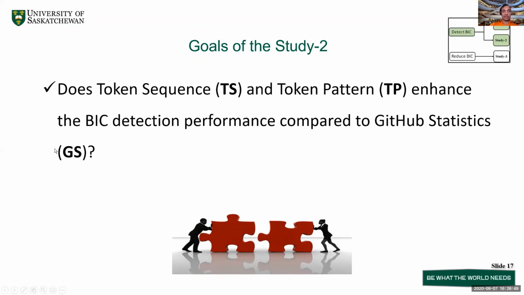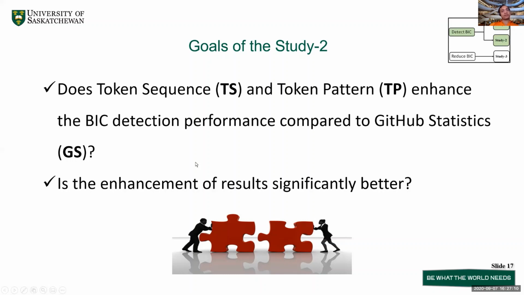So here my focus was to verify that token sequence and token pattern can detect the bug-inducing commits using the machine learning models with or without the GitHub features, and how the performance improves. And also whether the improvement of the performance is statistically significant or not. To test the statistical significance, I did the Wilcoxon signed rank test.